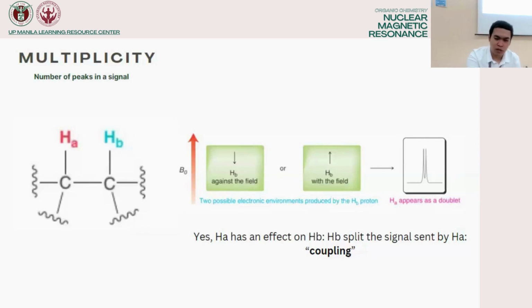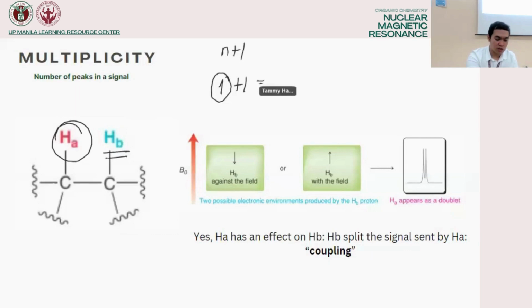Earlier we mentioned, what is N+1? We'll discuss that later. In this case, this is your hydrogen, and it has another neighboring hydrogen. So the multiplicity is 1 neighboring hydrogen plus 1 equals 2. 2 is a doublet. Hence, this will be the signal.